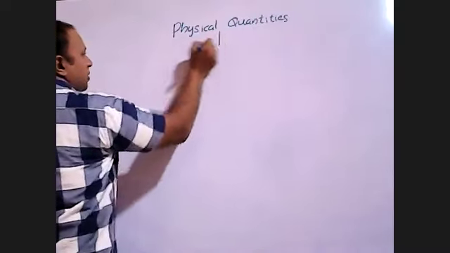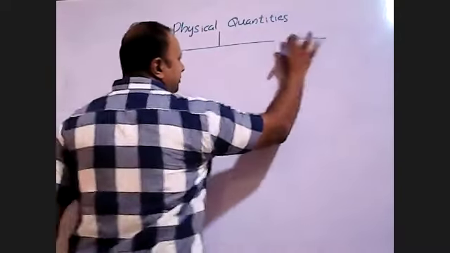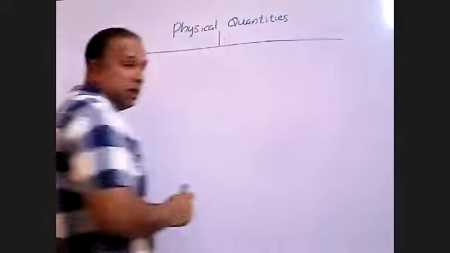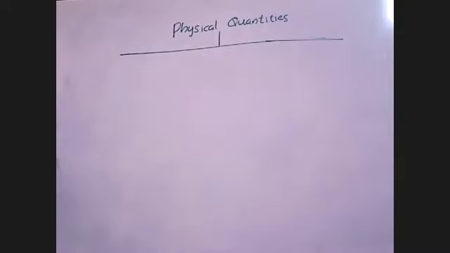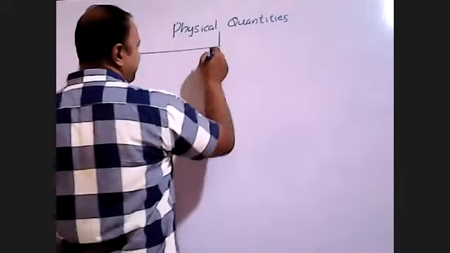Okay. Physical quantities can be classified into three major categories according to the presence of unit and dimensions.